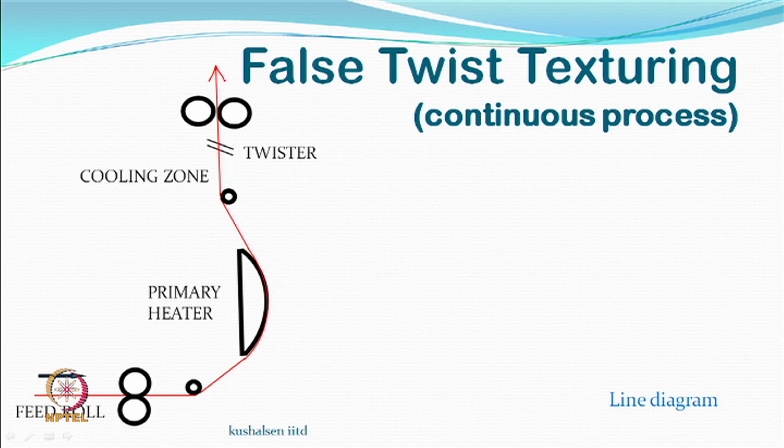There is a twister which is twisting, the twist flows down, up to the nip of the feed roller, and above the twister it is getting untwisted.